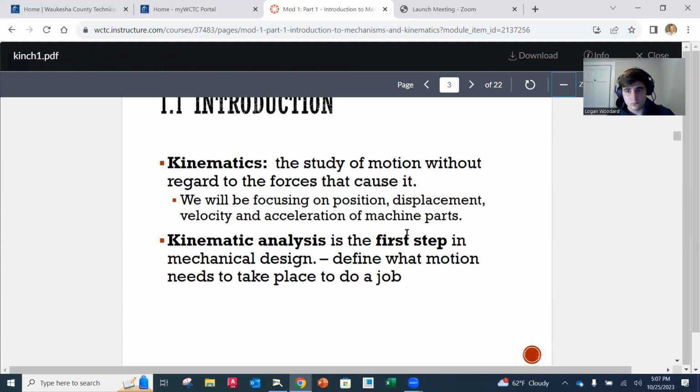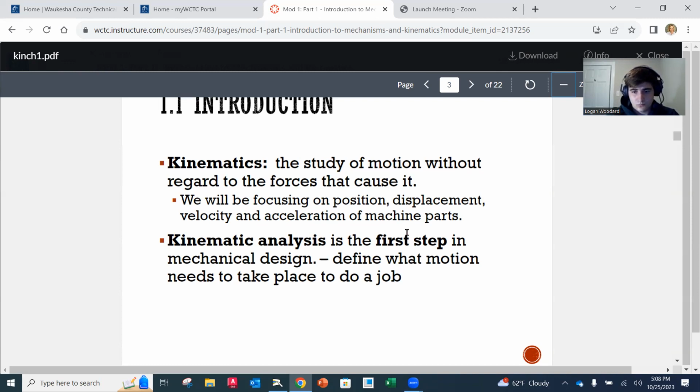But here in kinematics, we say that the kinematic analysis is really the first step in the design process, meaning it's that layout work that we do. So we don't look at things in terms of necessarily even their actual size, but maybe fitting into some place or identifying a problem that we need to solve in terms of motion. In kinematics, things are going to be moving, but we're concerned with position and displacement.